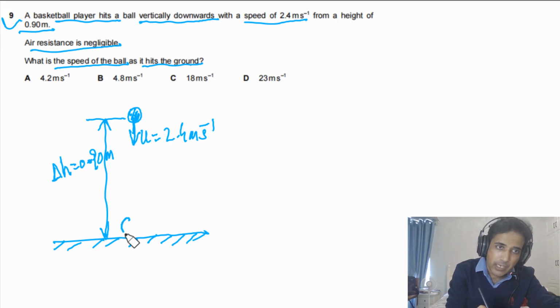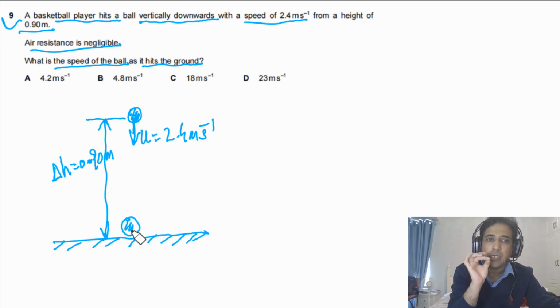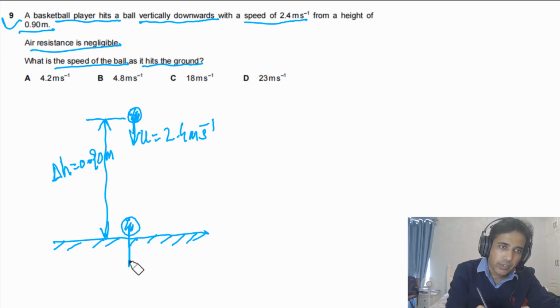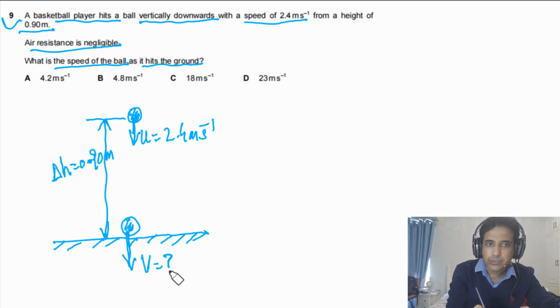We need to find out speed of the ball when it just hits the ground, or you can say at that instant, what is the speed? That value of v we need to find out. So this is the question.